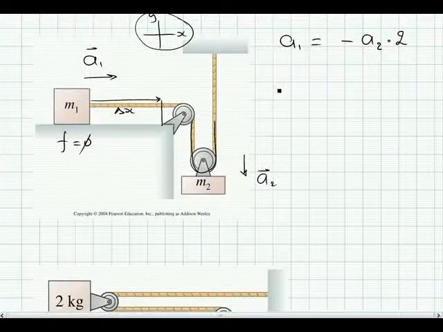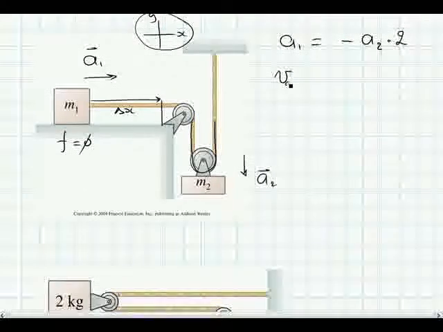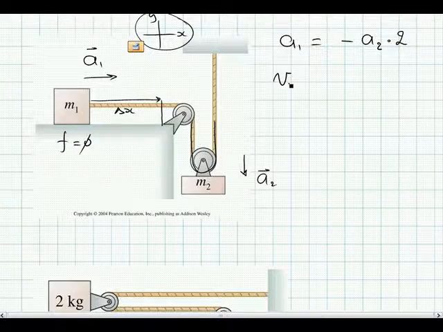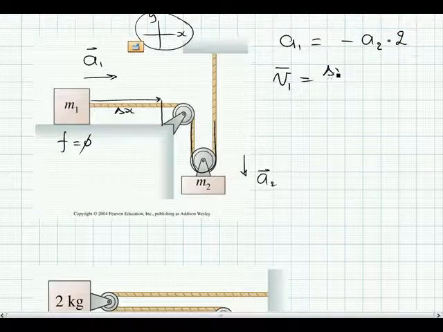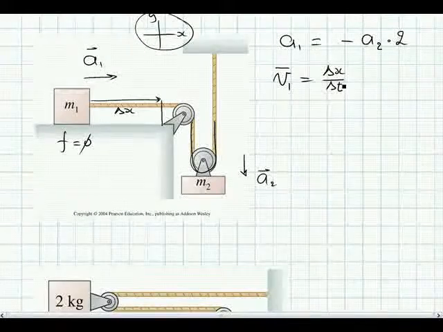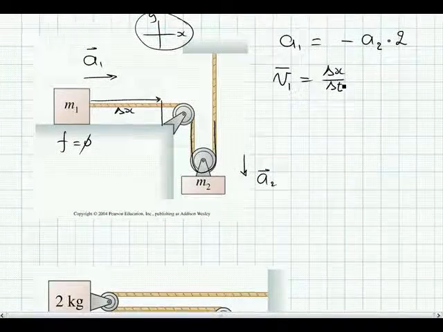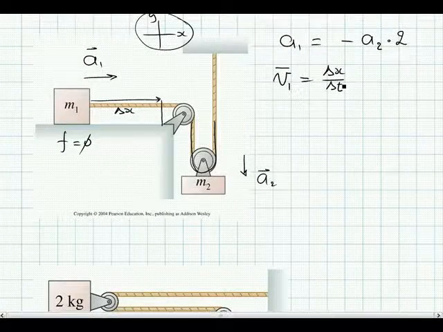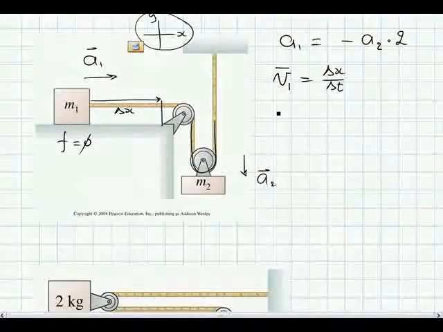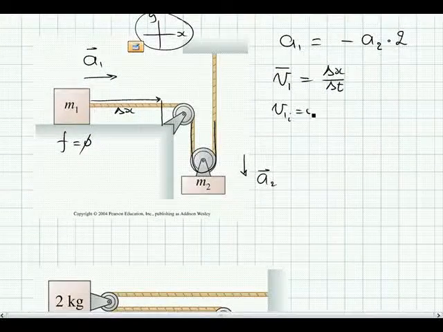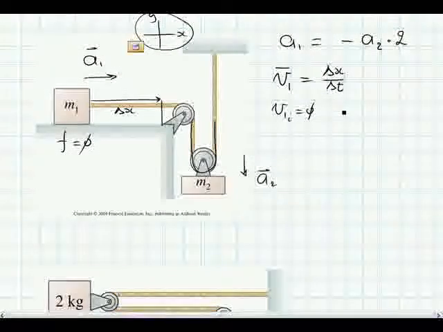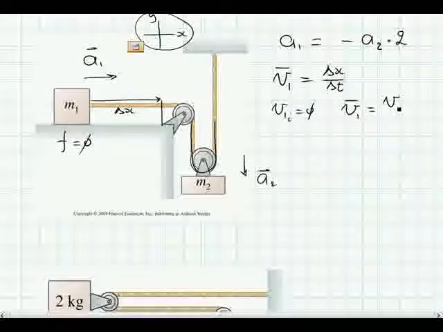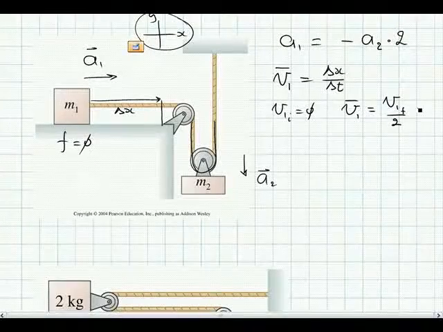Okay, so the average velocity of m1, which we show by a bar, is equal to delta x divided by delta t. Delta t is the time that it takes for mass 1 to accelerate through delta x meters. That's average velocity. And if initial velocity is 0, then average velocity of 1, you can show yourselves, is equal to final velocity of 1 divided by 2.